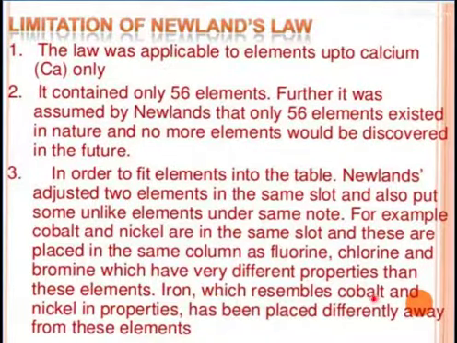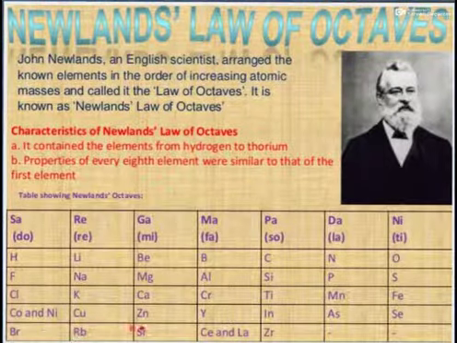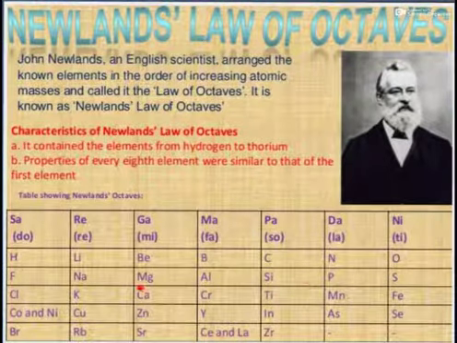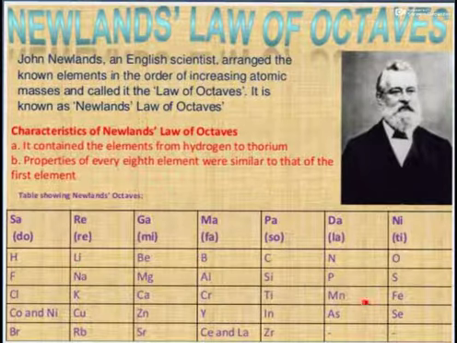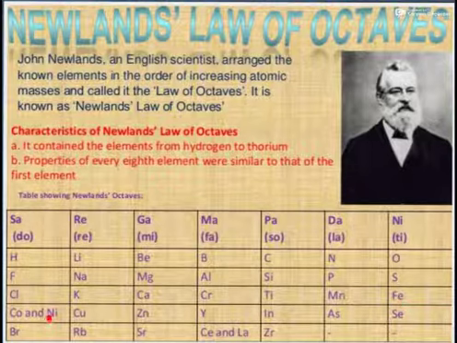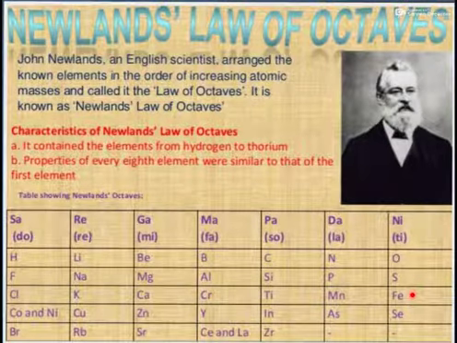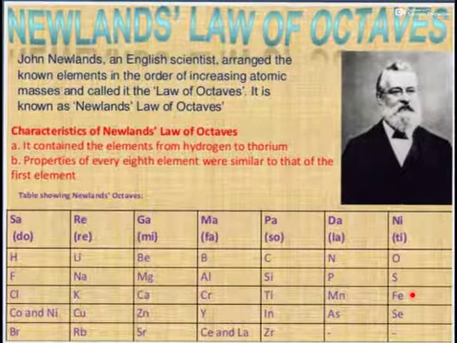Iron, which resembles cobalt and nickel in properties, has been placed differently, away from these elements. Now you can see here, this one is iron. Iron is placed very far from cobalt and nickel, whereas their properties are similar.